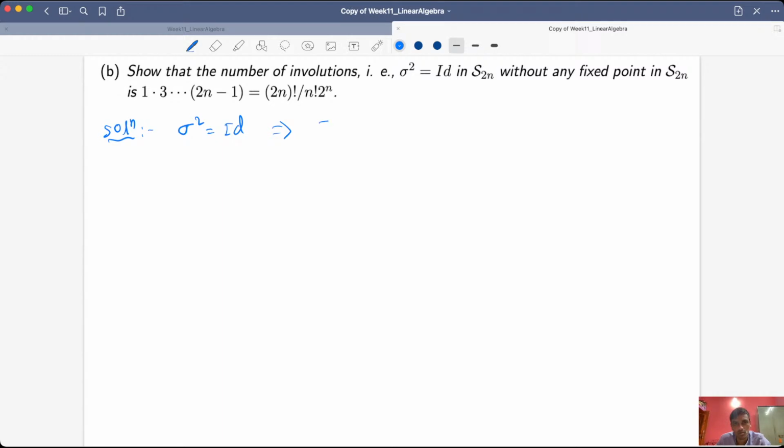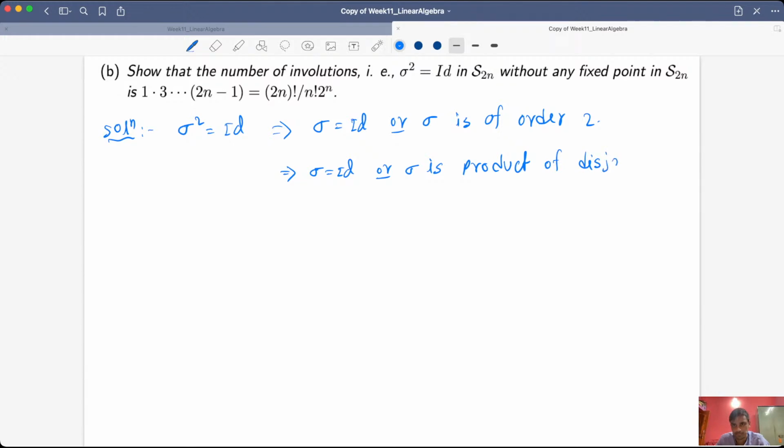So this implies sigma equal to identity, or sigma is a product of disjoint transpositions. But if sigma has no fixed point, for identity everything is fixed, right?